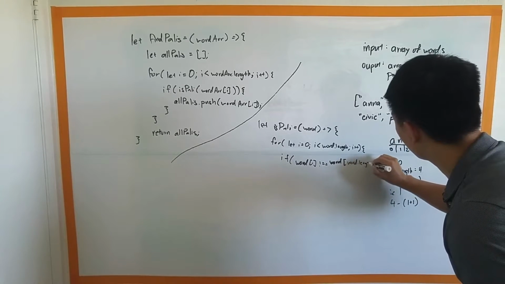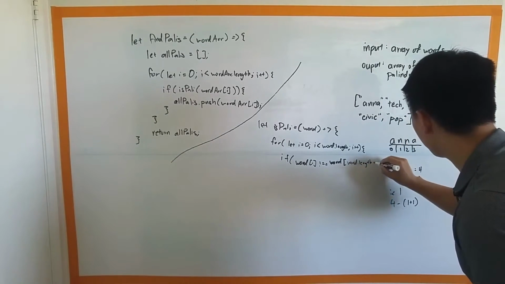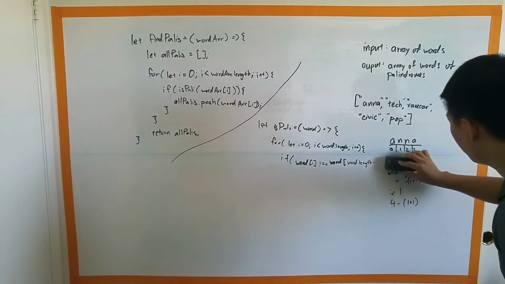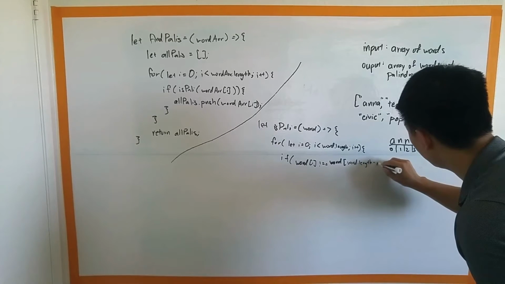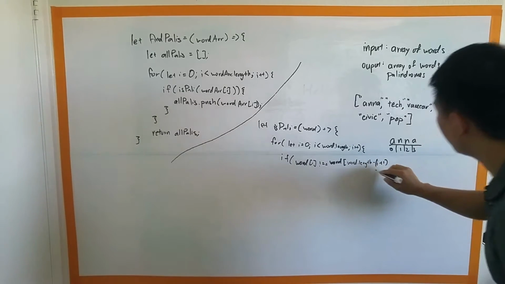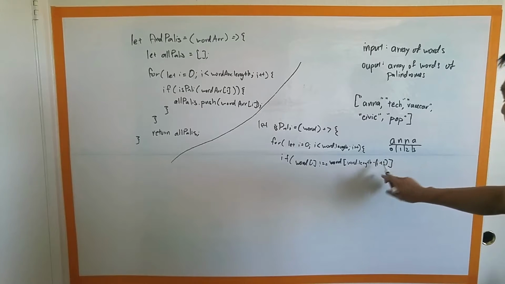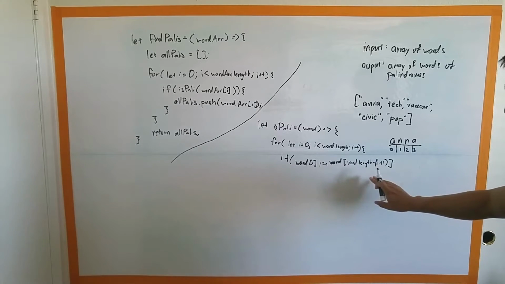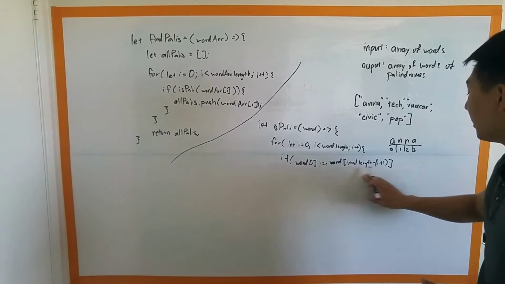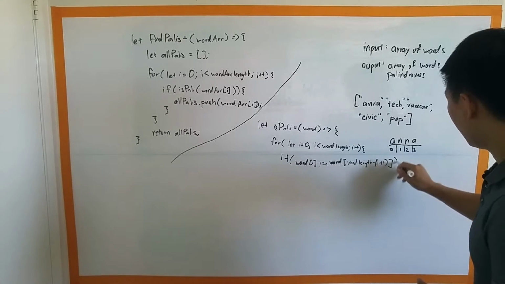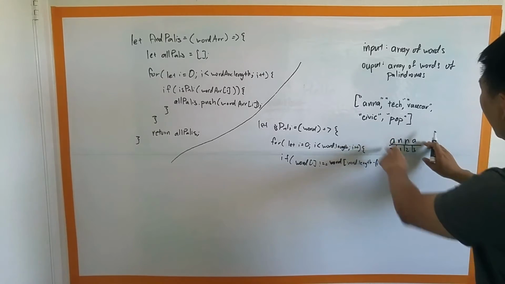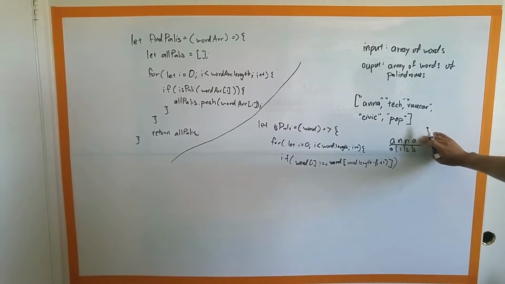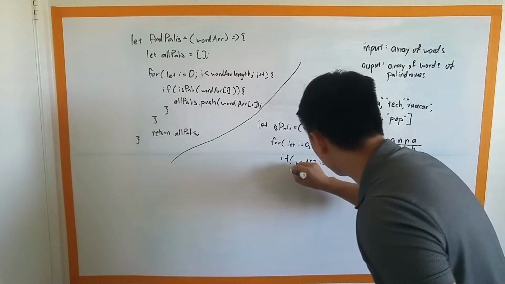You do need the parentheses there because we want the order of operations to add that first and then subtract it from the word.length. So if they looked at an A and found a different letter over here, we want it to exit early, so we will just return false here.